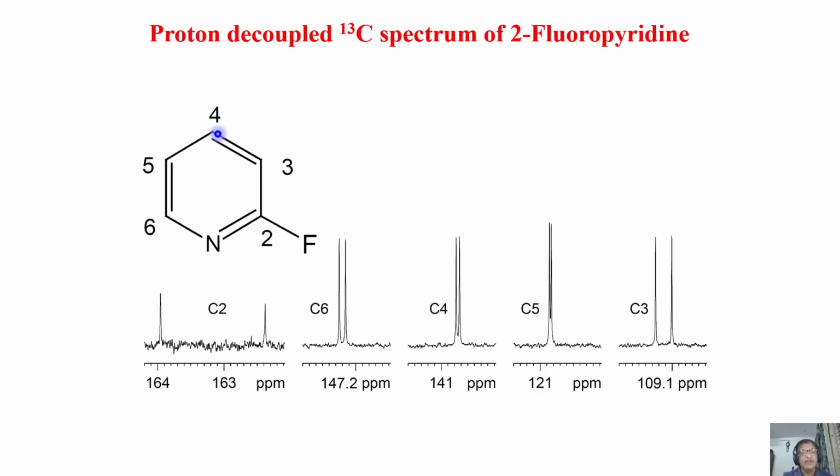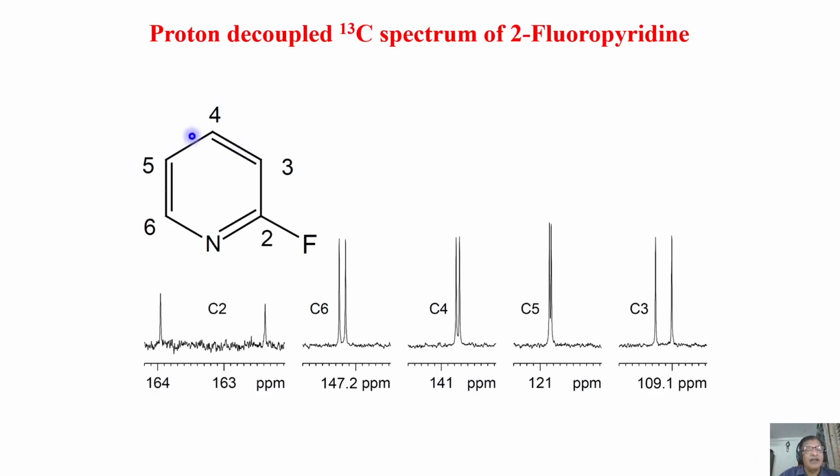Look at this carbon spectrum. First, this is carbon 2. In the proton decoupled spectrum, all the couplings of the protons attached to these carbons are removed. We are experiencing only fluorine carbon couplings here, so you don't have to worry about protons at all.